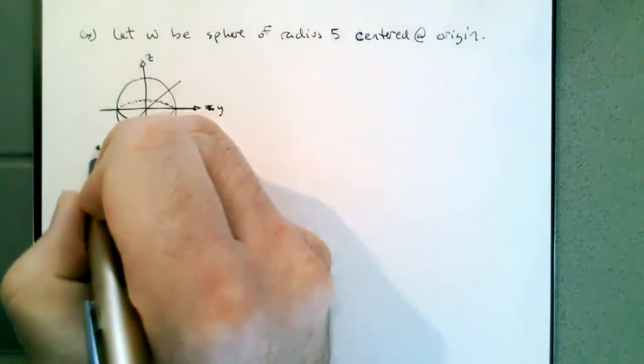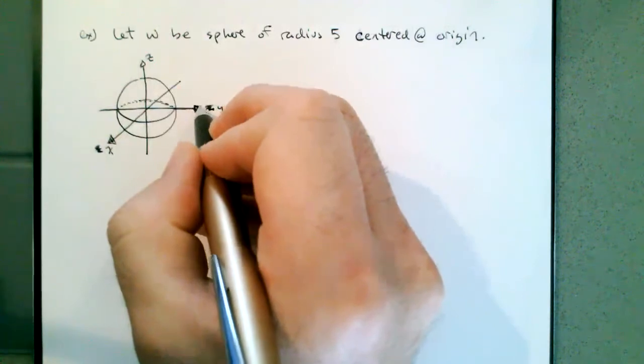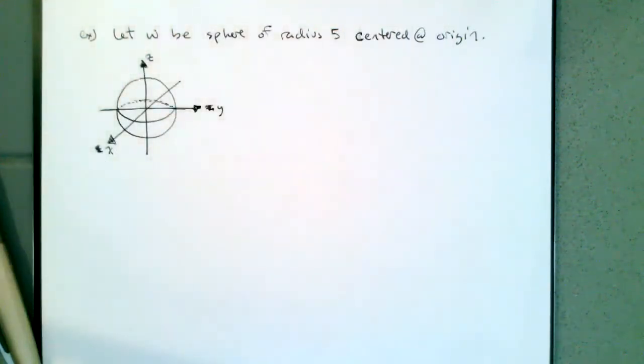For some reason, apparently subconsciously, I really want to switch up my axes, but that's crazy. So we could do this in any set of coordinates that we want, but since the thing that we're trying to measure is a sphere, I think spherical coordinates might be best.